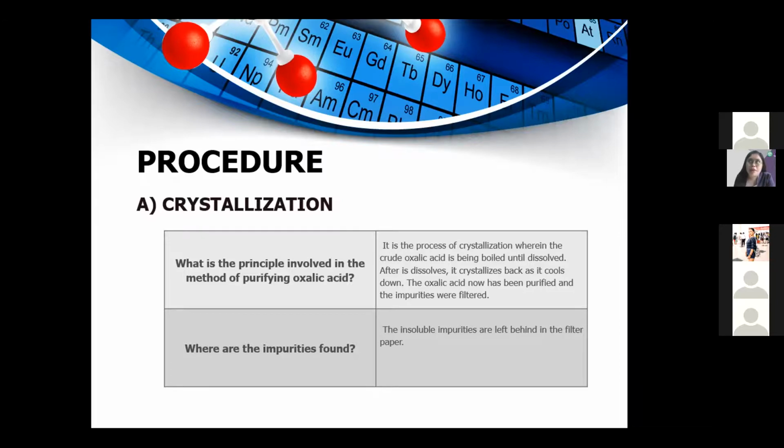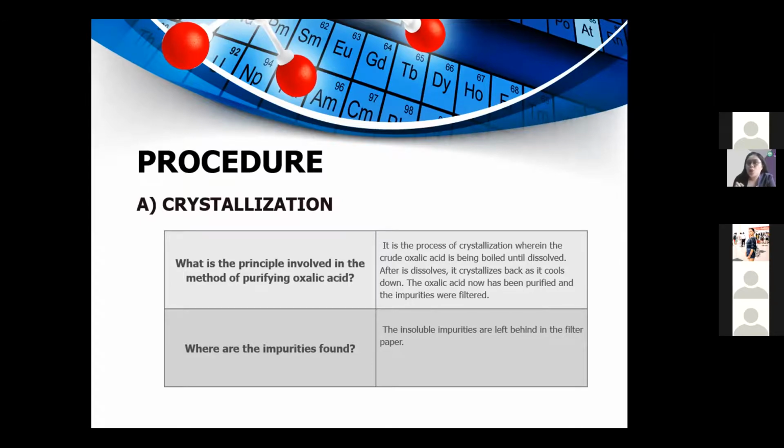So, for example, we have crude oxalic acid. We will consider it as impure. And then we put it in a test tube and add water. And then we will boil it for a certain period of time until all the crystals of the oxalic acid have dissolved. And then, after that, we filter it immediately while hot, and then let it cool down.